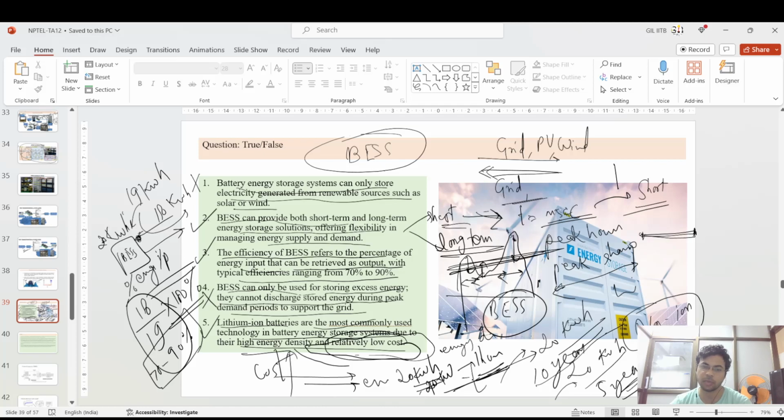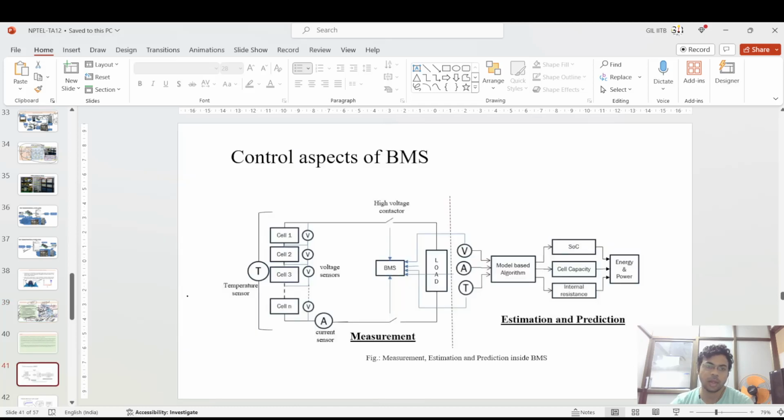So this is the C rate: 1 hour, 2 hour, 3 hour, and what amount of power. Suppose you want to charge in 5 hours, then you have to give 4 kilowatt power for charging. That is a different concept of charging and discharging, depending on how much power you are feeding into the system.